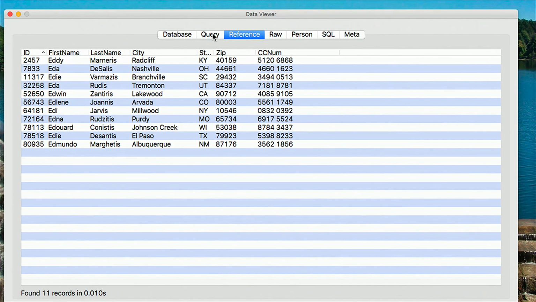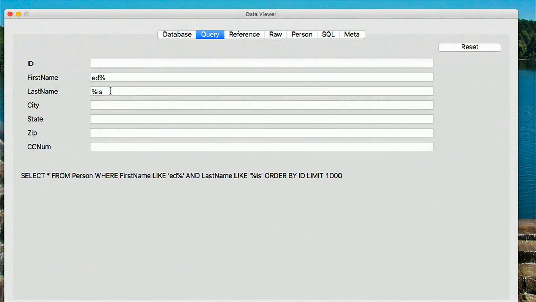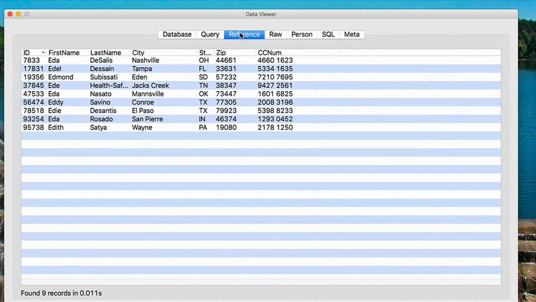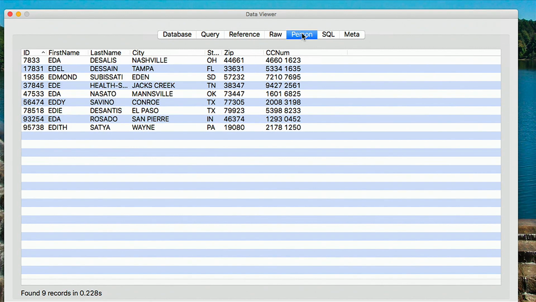Just to answer Kimball's earlier question, we're going to do a last name that contains SA. And we found 9 records in here, 0.011 seconds. Same 9 records. This took longer, 0.228 seconds.